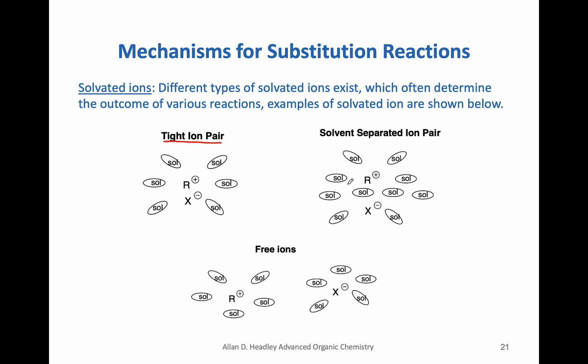We have another type of solvated ion that's called the solvent separated ion pair, where the solvent now gets in between the carbocation and the anion. So it's separated, but slightly. So you can expect for a reaction of this type, this is a bit further, so the return here is not as efficient as if you had another nucleophile, such as the solvent, coming in to form the product.